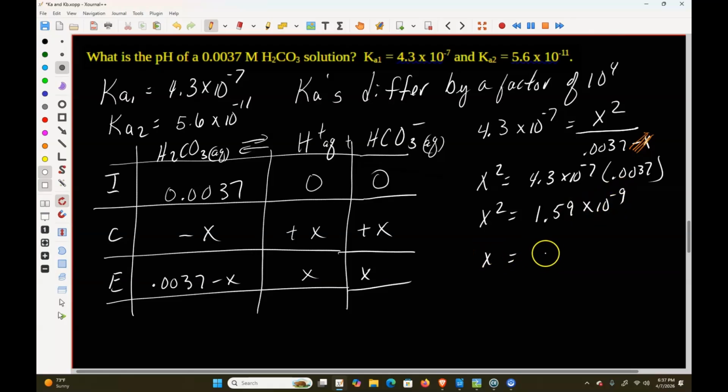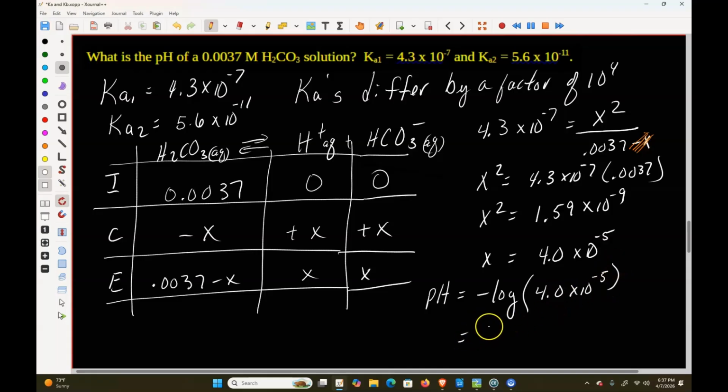Taking the square root of both sides, x is equal to 3.99. I'm going to round up to 4.0 times 10 to the negative 5th. So the pH then is equal to the negative log of the H plus, which is 4.0 times 10 to the negative 5. So the pH is going to be equal to 4.40.